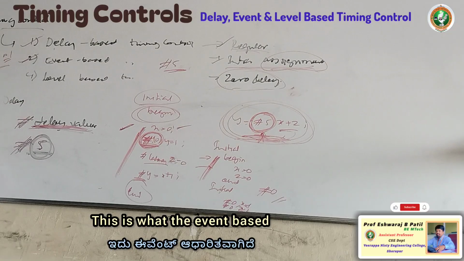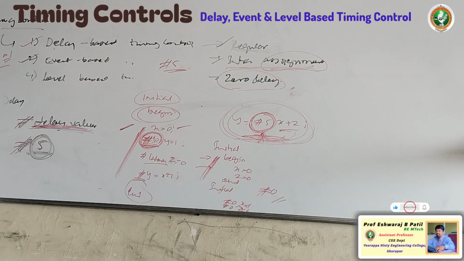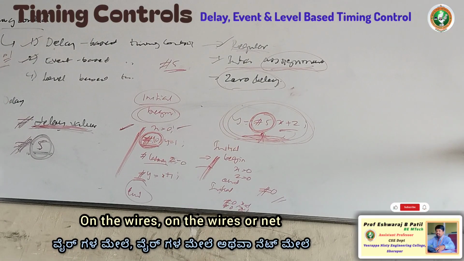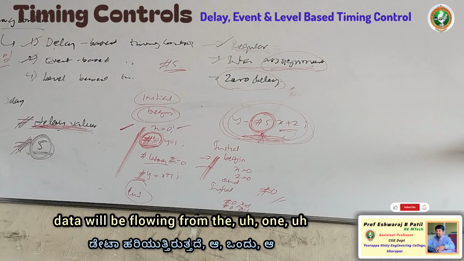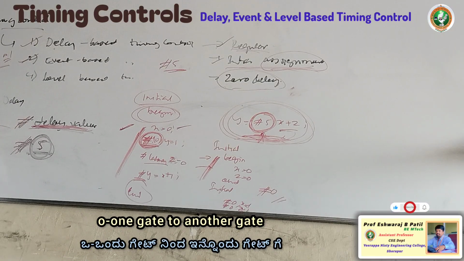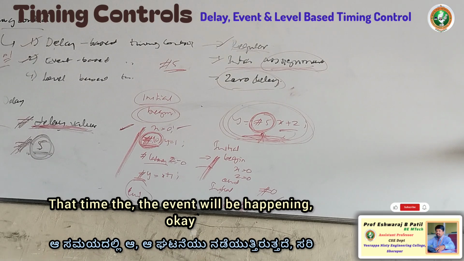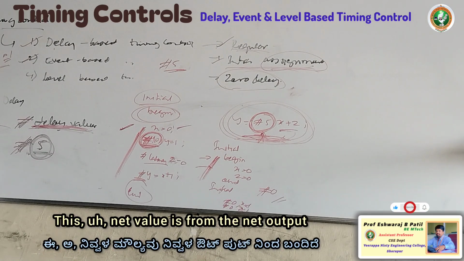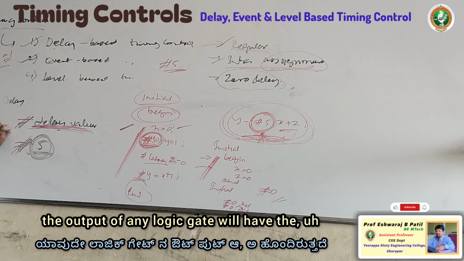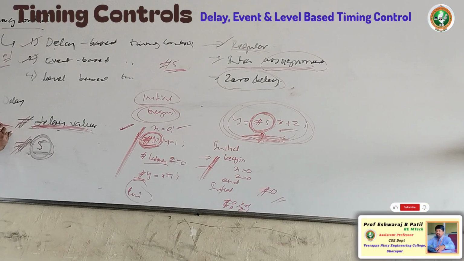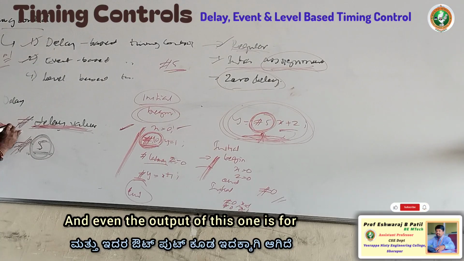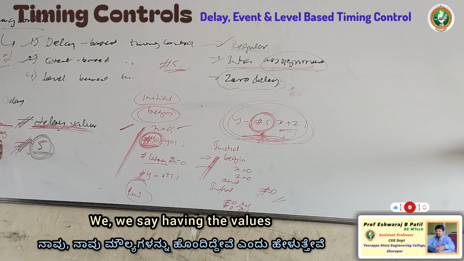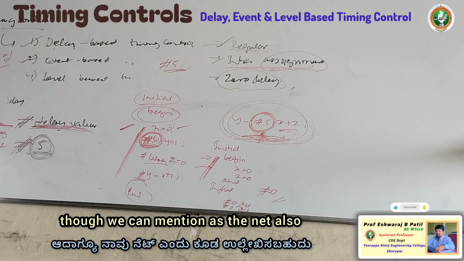This is the event based control. On wires or nets, the data flows from one gate to another gate, and at that time the event happens. The output of any logic gate is held in a register that we call reg, and the output can also be mentioned as a net.